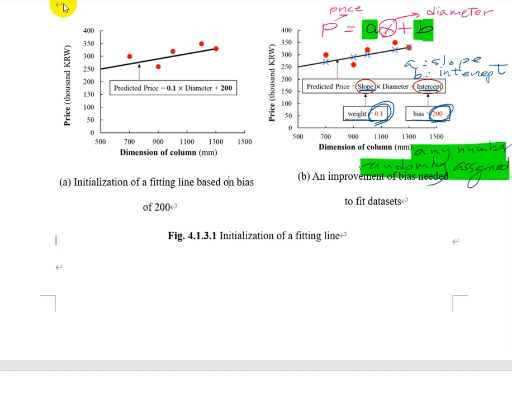We call this process initialization of the fitting line, assuming randomly assigned numbers for slopes and intercepts.